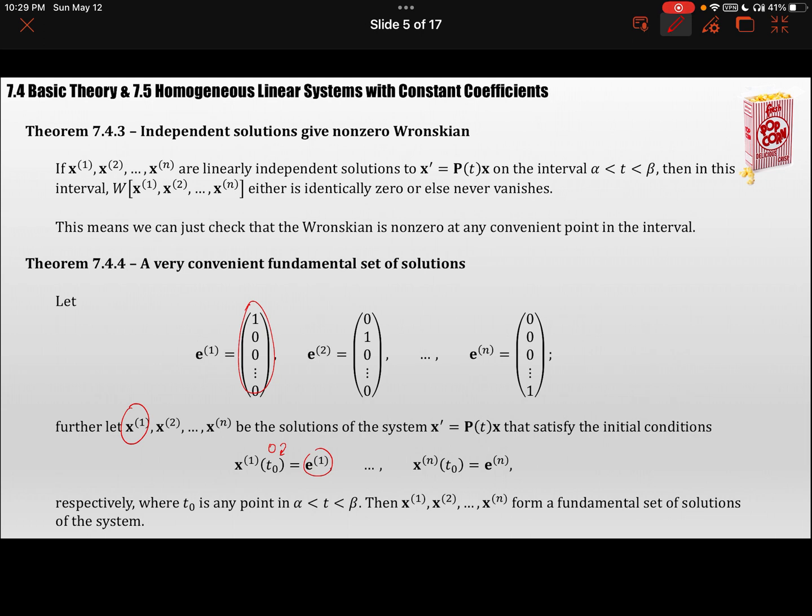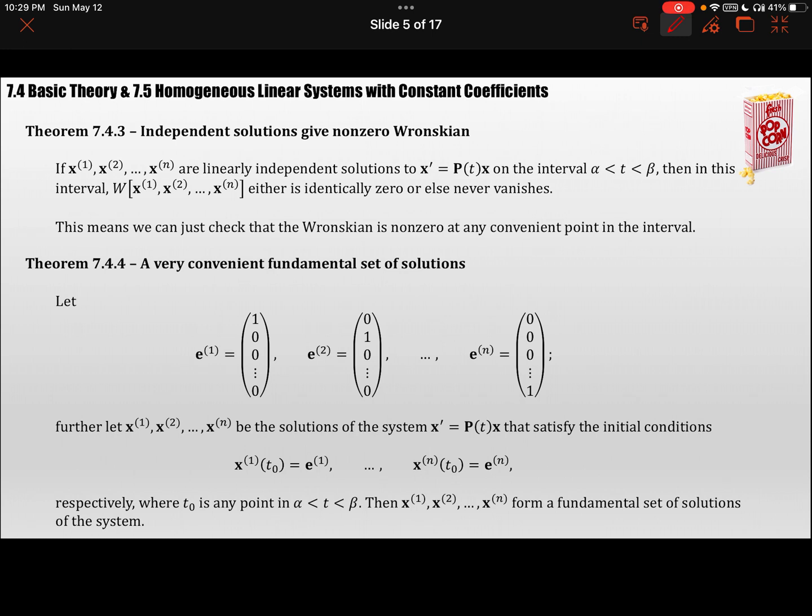That's the initial condition for that, and so on down the line. If you plug in for x2, you'll get this, etc. So these are the initial conditions. Sorry, I'm drawing all over the place. And if that's true, then these form a fundamental set of solutions.